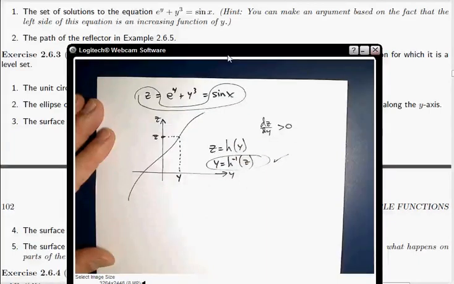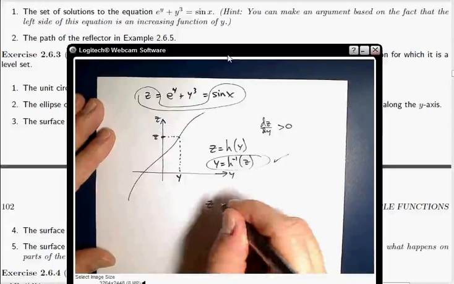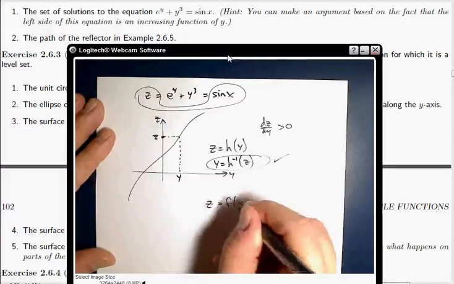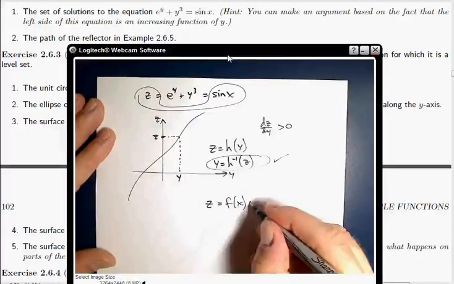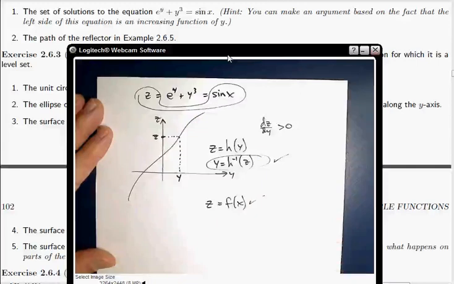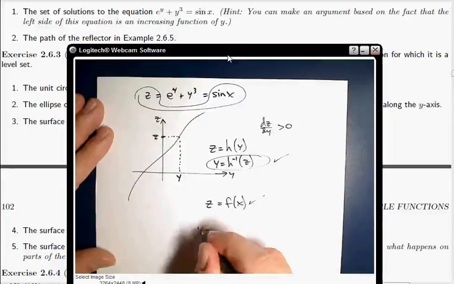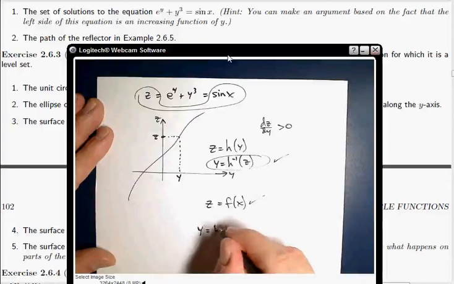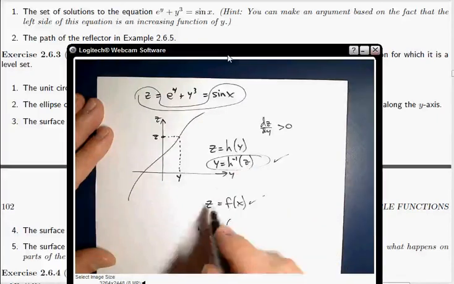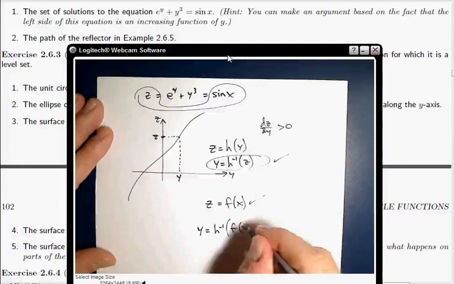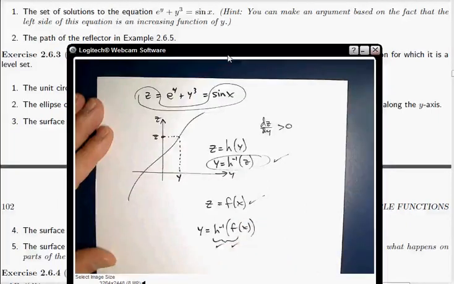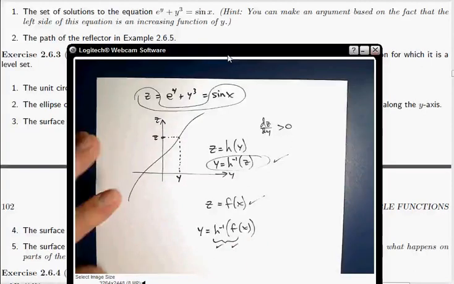And furthermore, z is clearly a function of x. That's an easy function: z is sine of x. So altogether, y is h inverse of z, but z is f of x, and this is a composition of two perfectly good functions. So therefore y is a function of x.